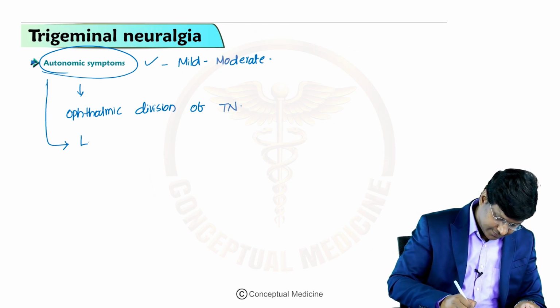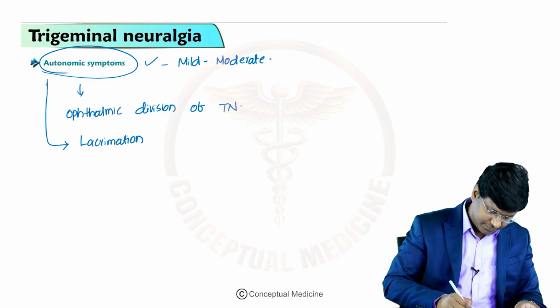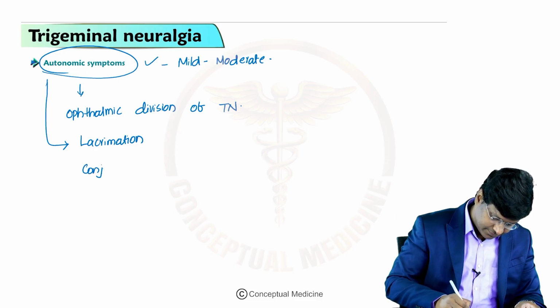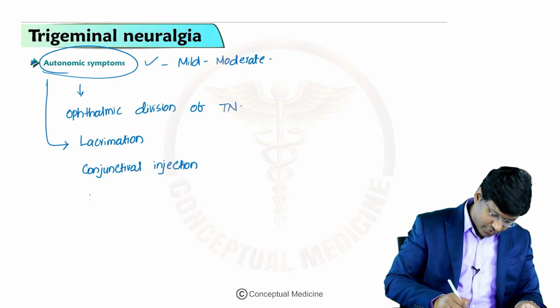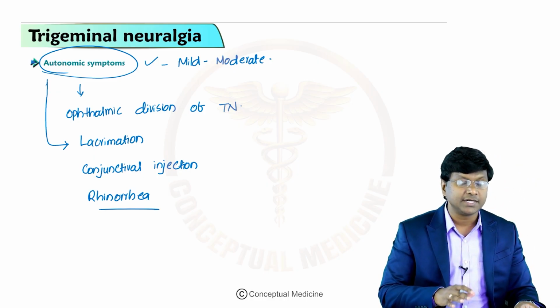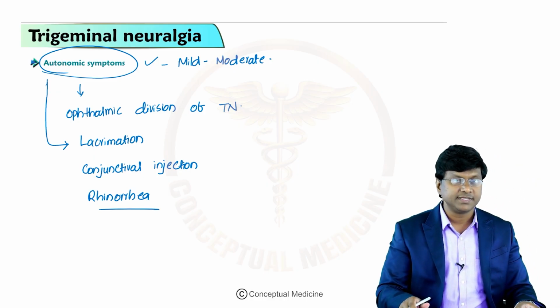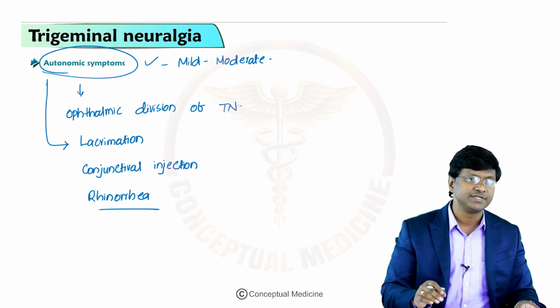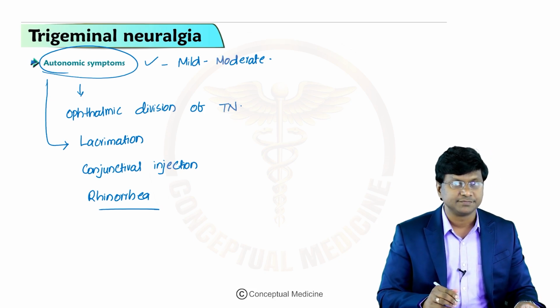and these autonomic symptoms include lacrimation, then conjunctival injection, that is redness of the conjunctiva, followed by rhinorrhea. So these are the autonomic symptoms you will have in trigeminal neuralgia, most commonly across the 5-1 division.